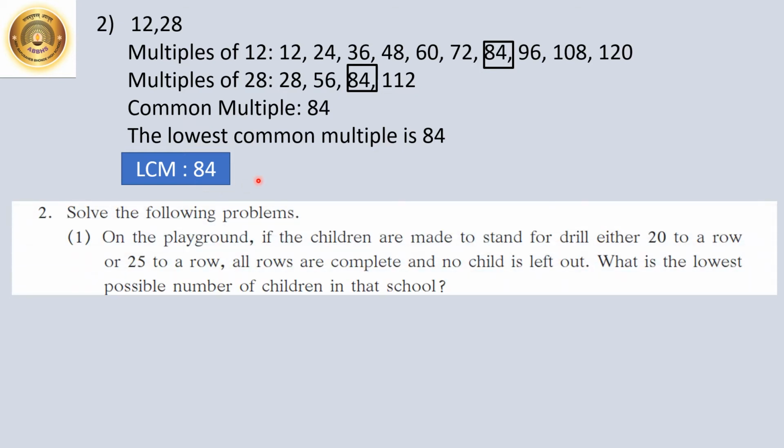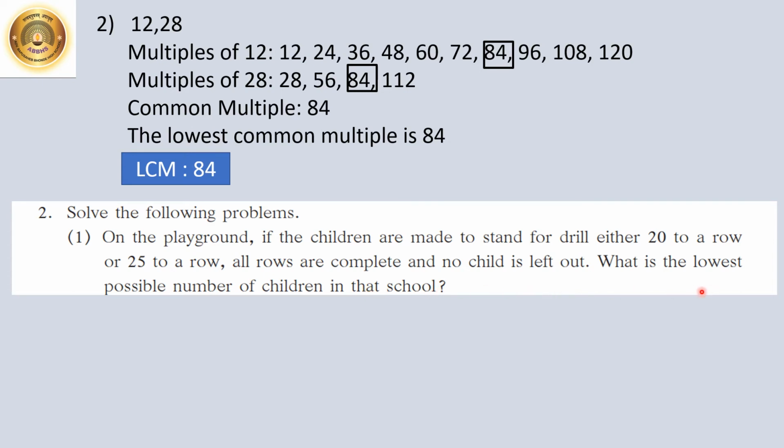Now let's move on to question number 2. Solve the following problems. So these are the word problems for you. Question number 1. On the playground, if the children are made to stand for drill, either 20 to a row or 25 to a row, all rows are complete and no child is left out.